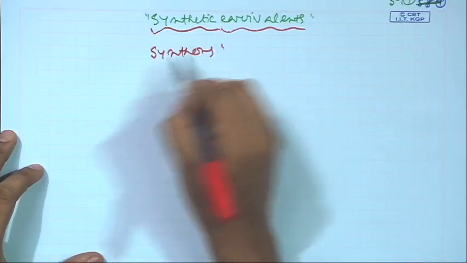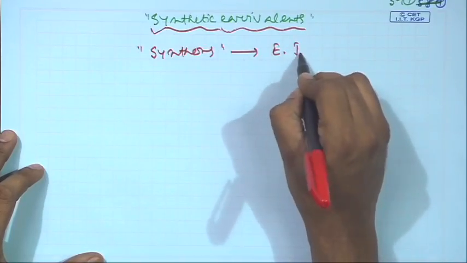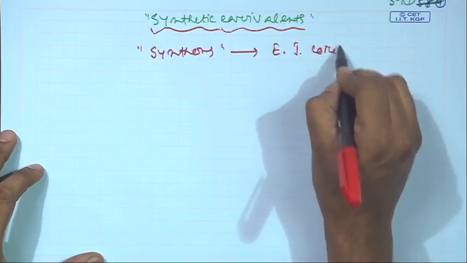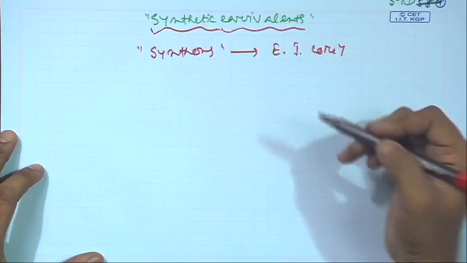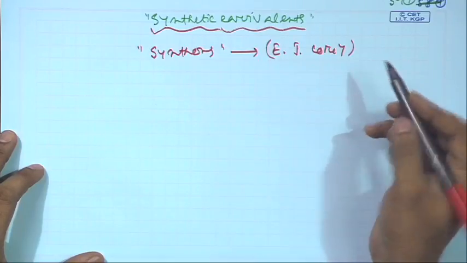Now, the term synthon was first invented by Professor E.J. Corey, who is also the person who first coined the term retrosynthesis.